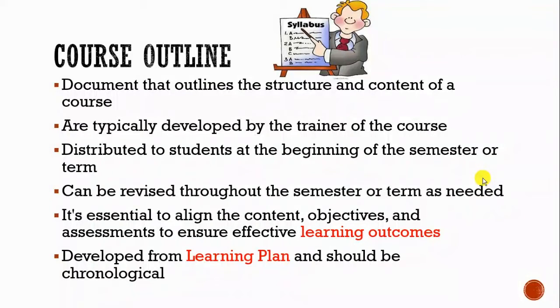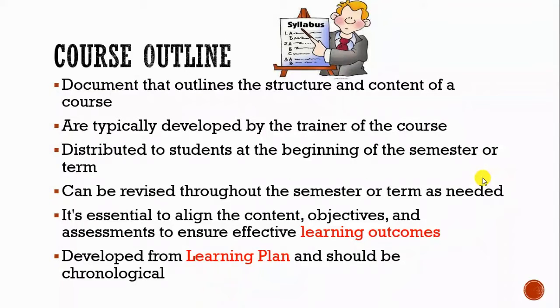And therefore it is essential to align the course outline, the content, objectives, and assessments as those part of what you need to include in your course outline, majorly to ensure effective learning outcomes.